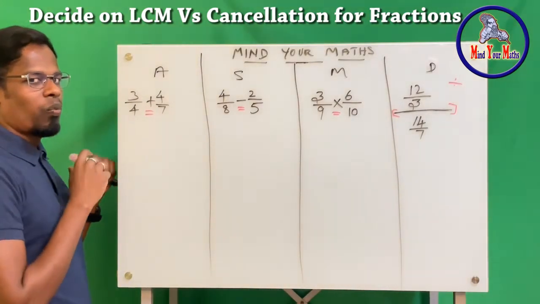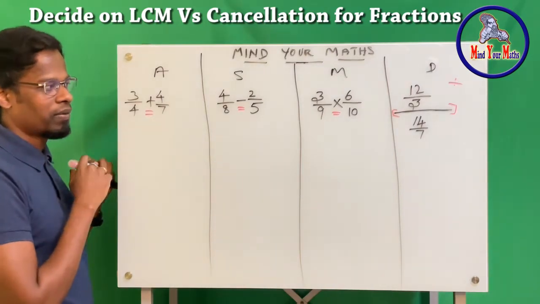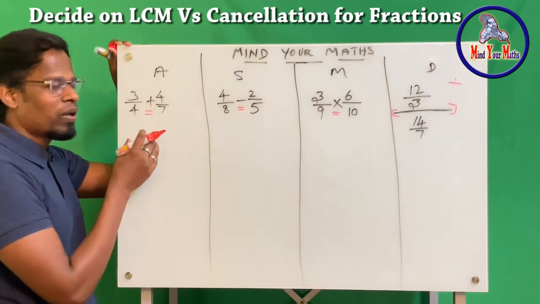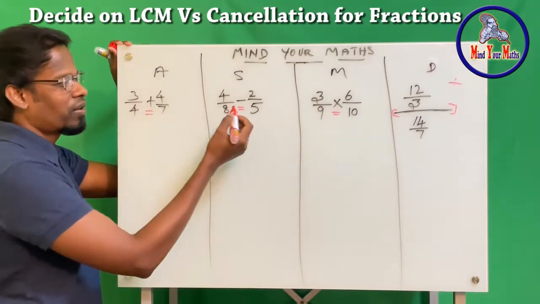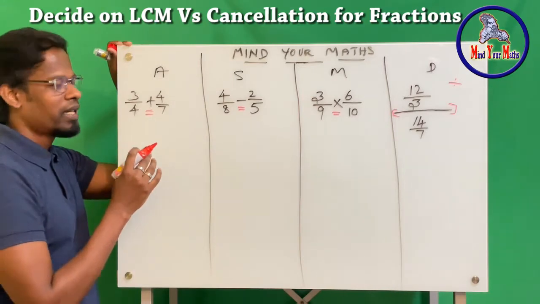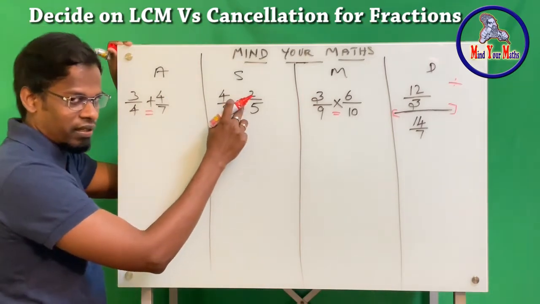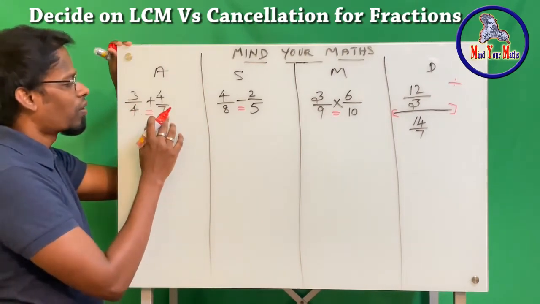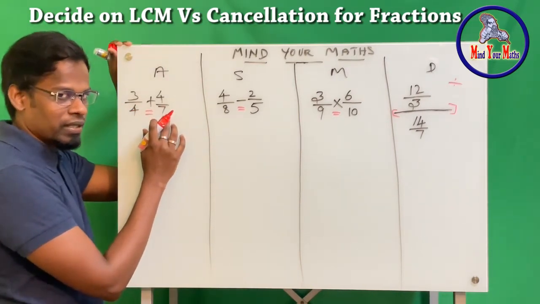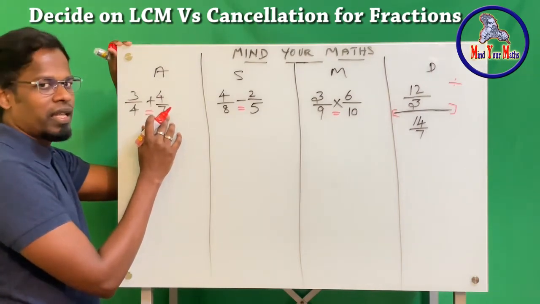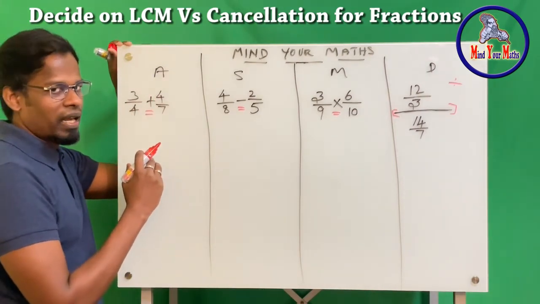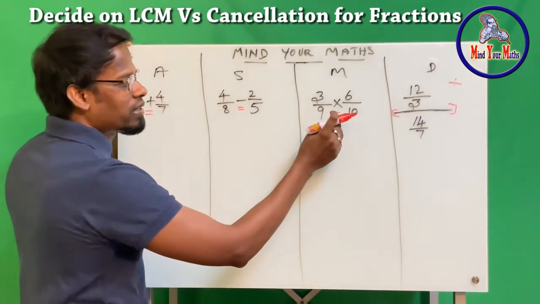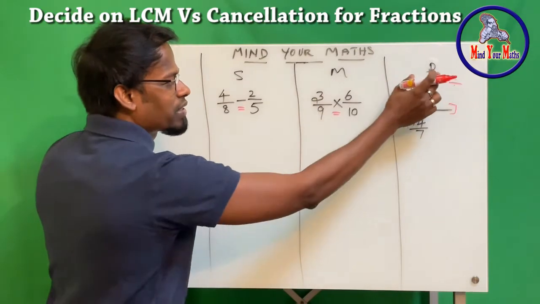Now, when should you take LCM? If the problem is about addition or subtraction, you should take LCM for the bottom numbers, and then follow the steps that I'm going to do. When should you cancel? You should cancel when it comes to multiplication and division.